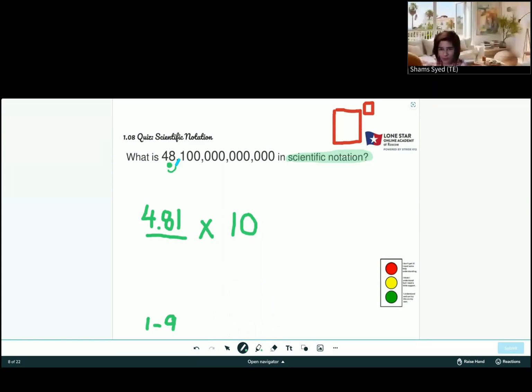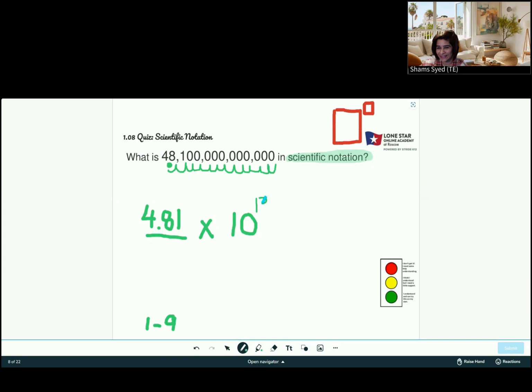It's going to be 1, 2, 3, 4, 5, 6, 7, 8, 9, 10, 11. So here we are at 11. Those of you who say 11, and those of you who say 12, this is 13. There's actually 13 places we moved.